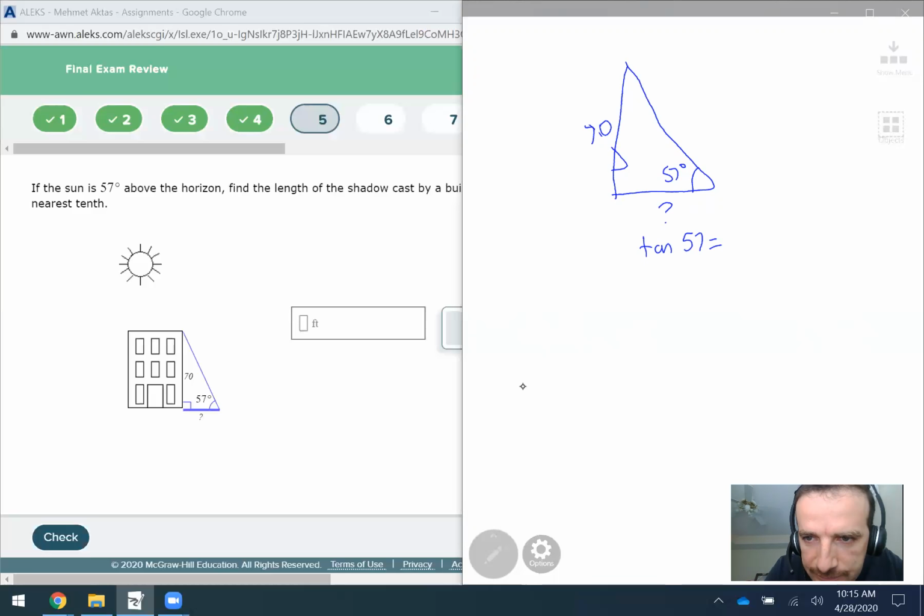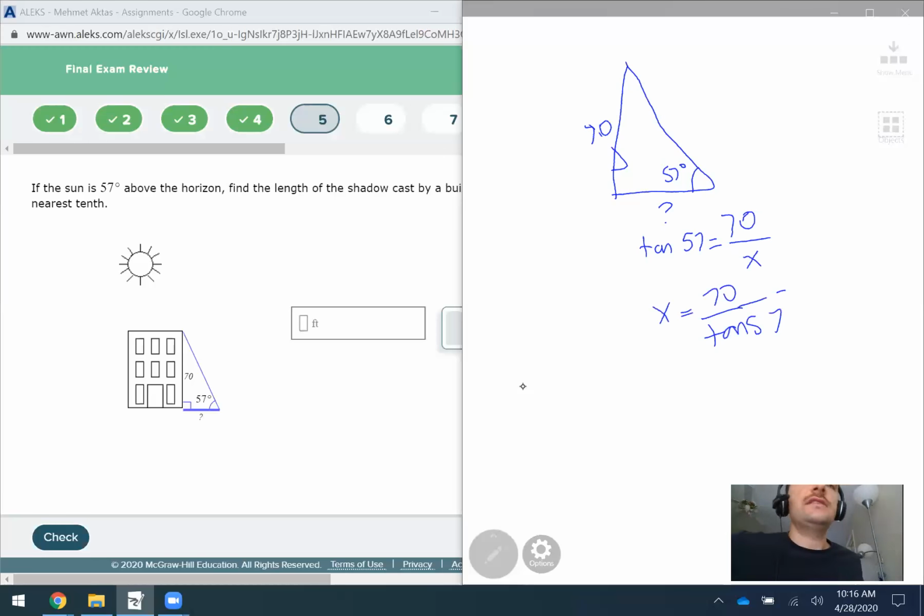70 over x, okay, with x the adjacent part. So x is equal to 70 over tangent 57. So what is 70 over tangent 57? Let me use my calculator here. 70 over tangent 57.